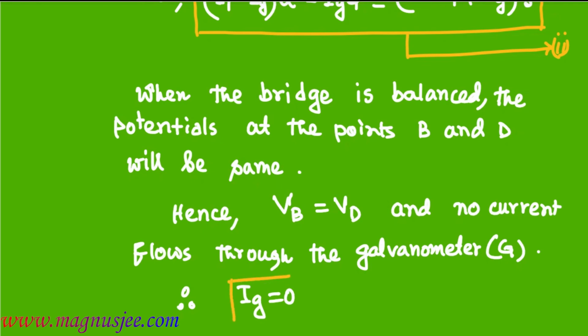The current flowing through the galvanometer of resistance G will be 0, that is Ig equals 0.